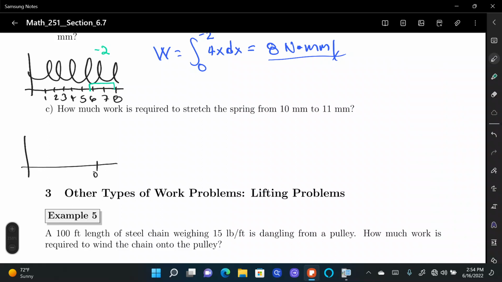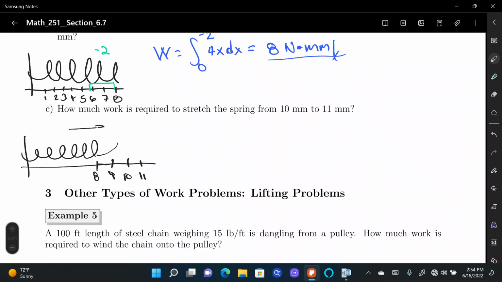So that's 8. In this case we want to go from 8, 9, 10, 11. So it's already stretched.